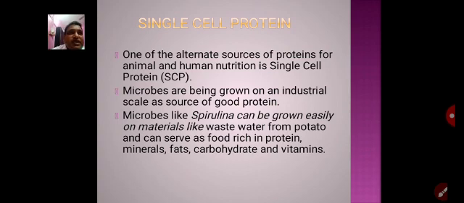They have relatively high protein content compared to other healthy food items. It is easily produced in the laboratories.